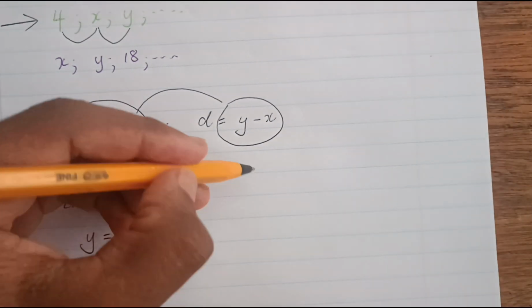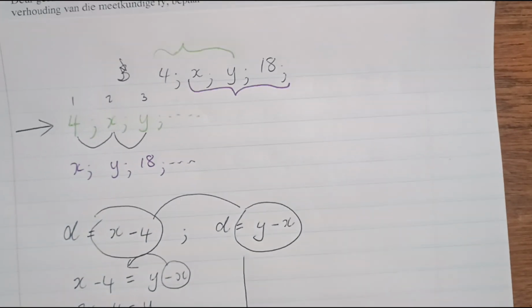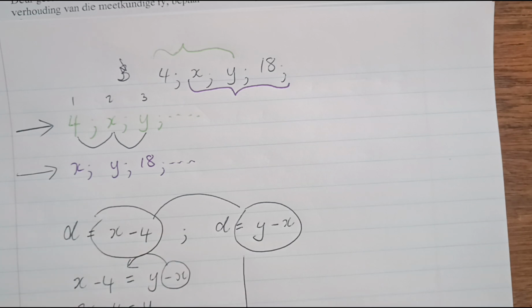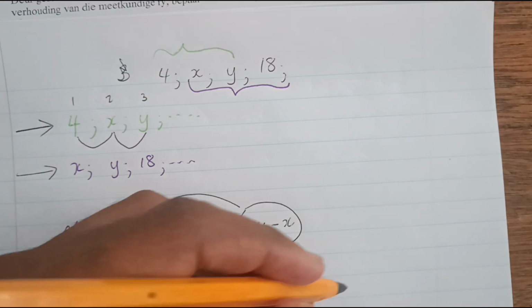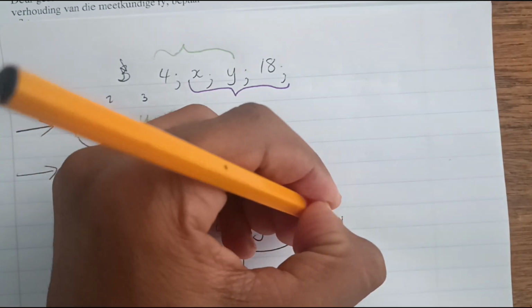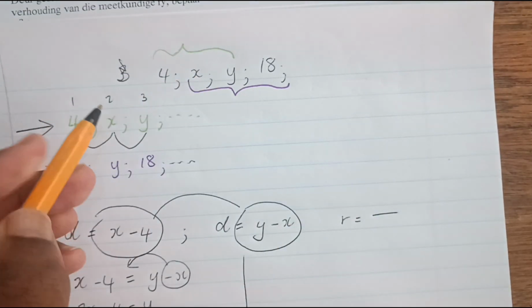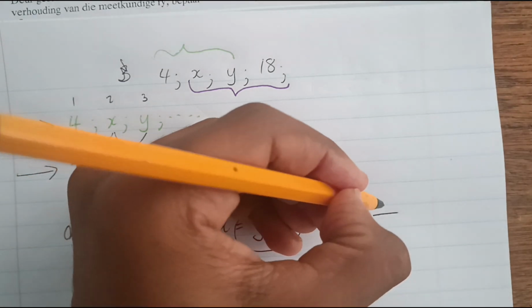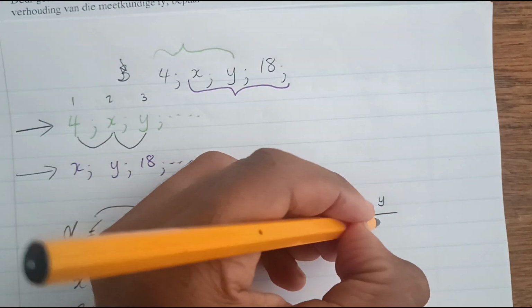Right, so they asked us to do the same thing with the geometric sequence. So this one over here is your geometric sequence. And again, if it's geometric, you know there's a constant ratio. So we're going to do the same thing. We will say that r is going to equal the second divided by the first. So that's y divided by x.